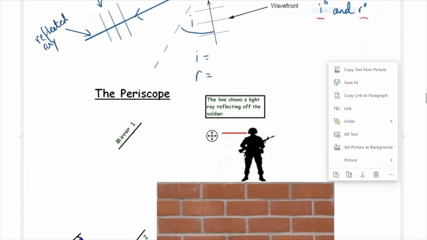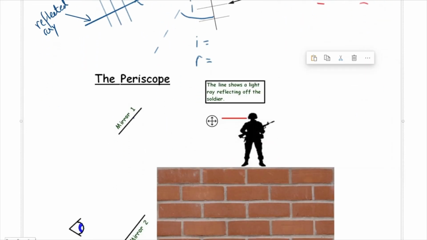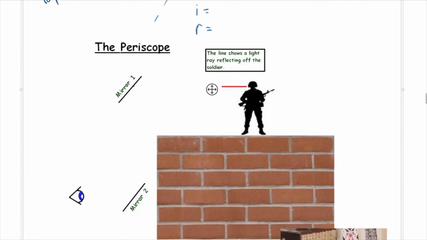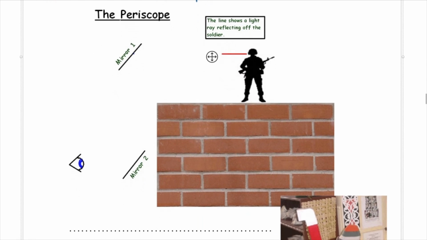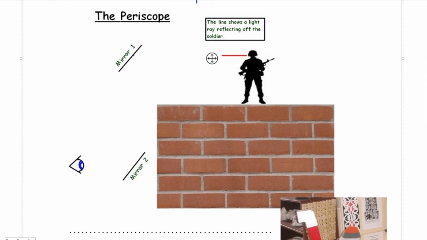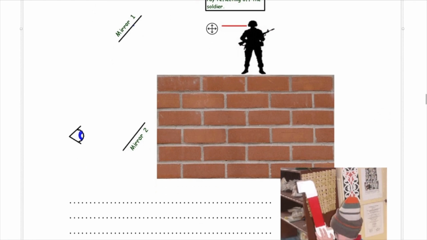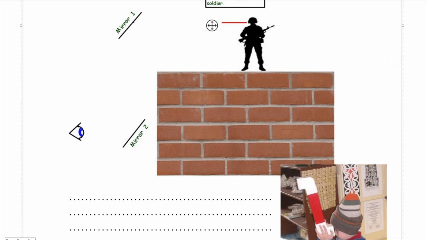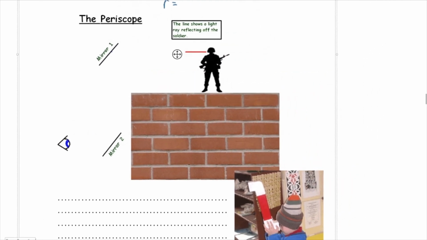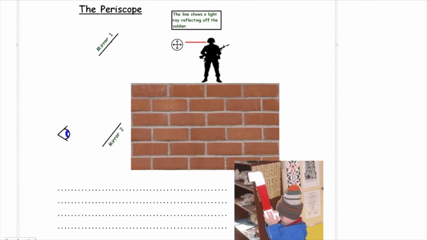Right, when we've completed that, we're now going to look at an example, or an application, I should say, of mirrors. Periscopes. Periscopes are used for looking over things, almost giving yourself that extra height advantage, or being able to look around corners. Perhaps another way of explaining the uses.